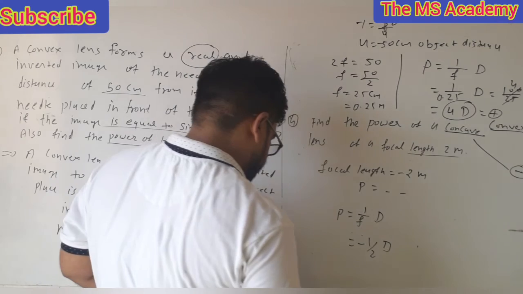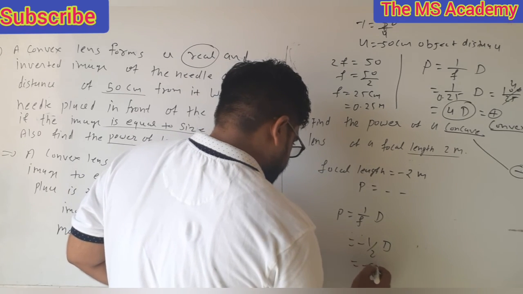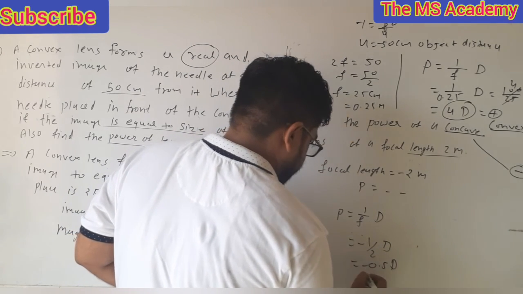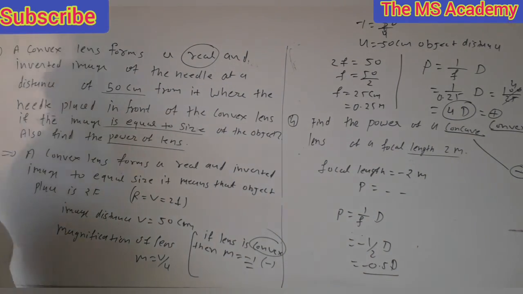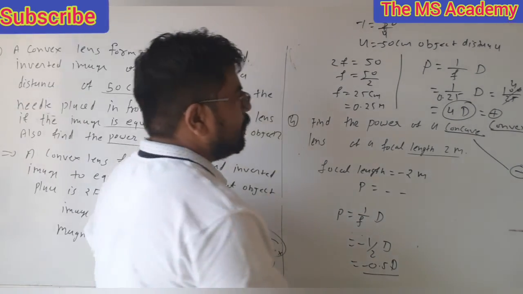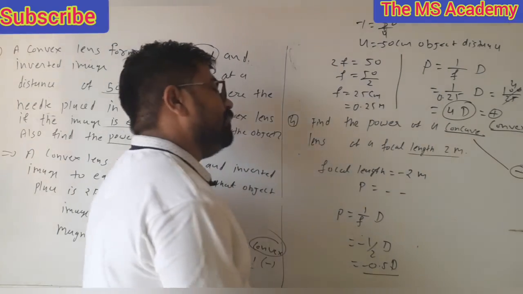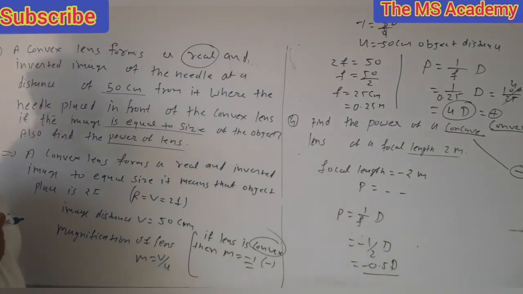Minus 1 upon 2 means minus 0.5 diopter. It is the power of the given lens. The given lens is a concave lens because its focal length is negative.